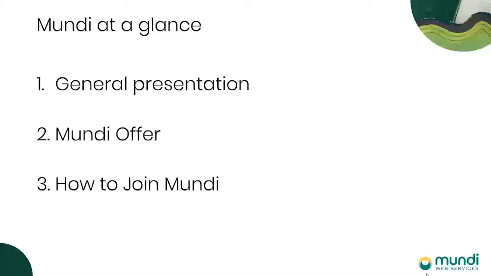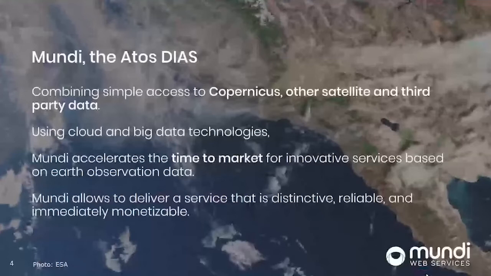So to start the presentation, I just remind that Mundi is one of the DIAS that is working with the European Commission and ESA. So we're handling all the Sentinel data and satellites like Landsat, and we have a continually growing data offer.